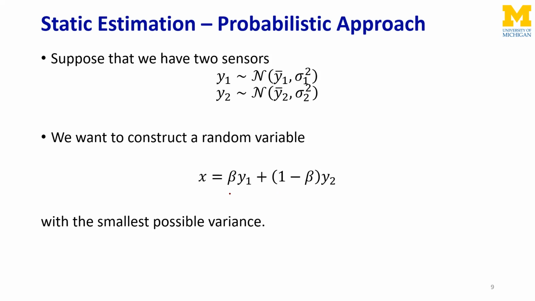So beta is greater than 0, and the sum of these weights adds up to 1. We want to construct a random variable given by this equation with the smallest possible variance. We know the variance of y1, we know the variance of y2. We want to find a combination with the smallest variance.